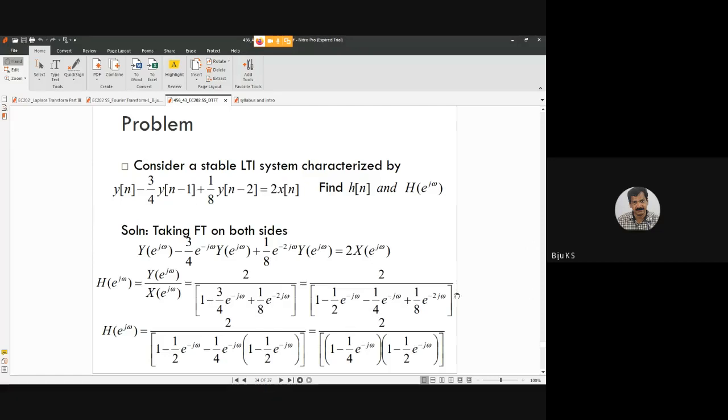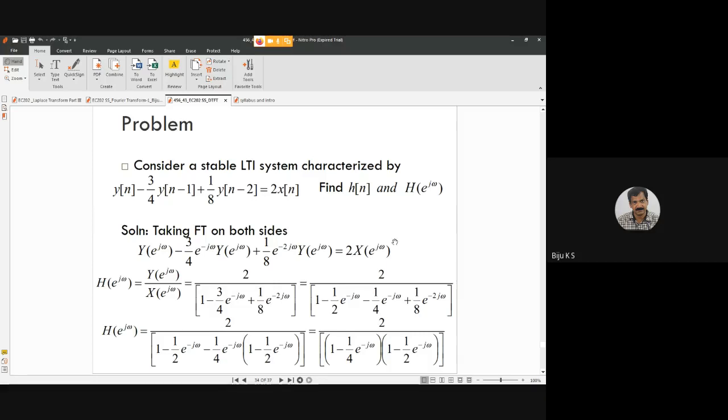Similarly, the phase response, the angle of H of e raised to j omega, is plotted with respect to omega. The x-axis is omega and the y-axis is the angle of H of e raised to j omega. From this, you can find the values of the phase response for different omega.